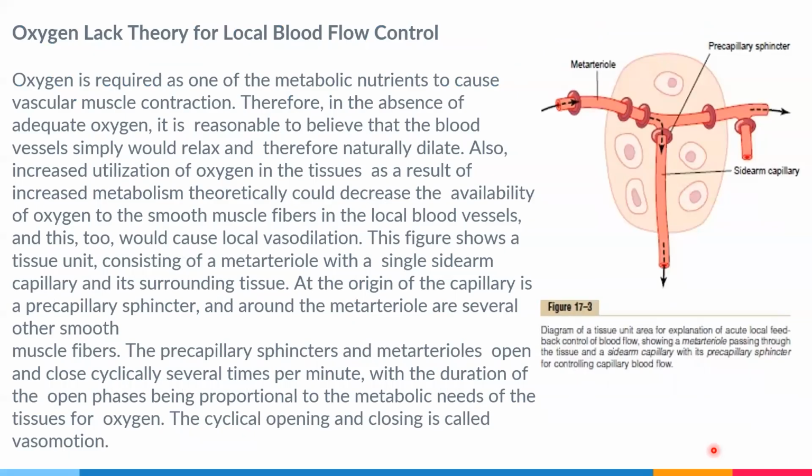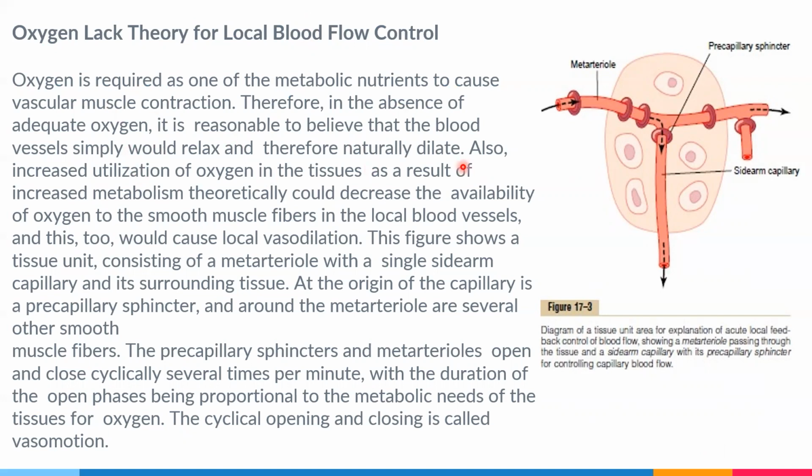Next, we move on to the oxygen lack theory for local blood flow control. The oxygen is, as we have seen, a very important metabolic nutrient and is also related to vascular muscle contraction. Therefore, in the absence of adequate oxygen, it is reasonable to believe that blood vessels simply would relax and therefore naturally dilate.